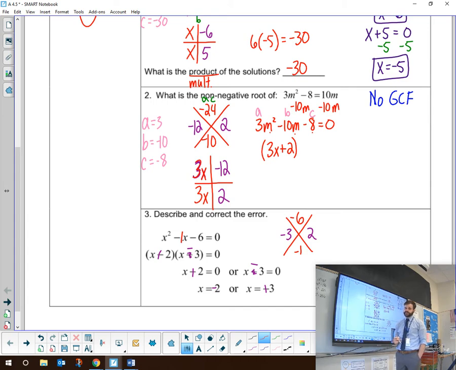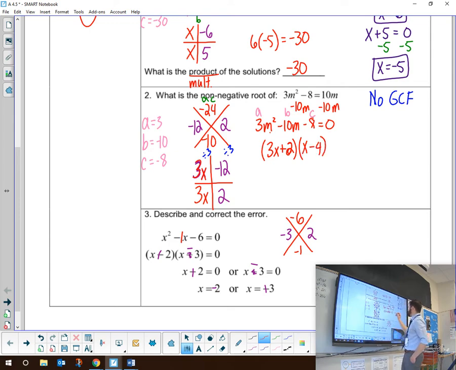We can divide both of these by 3. So 3x divided by 3, negative 12 divided by 3, and we're just going to get x minus 4. So we're going to get 3x plus 2 and x minus 4.